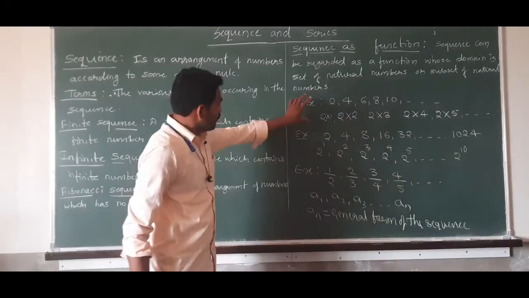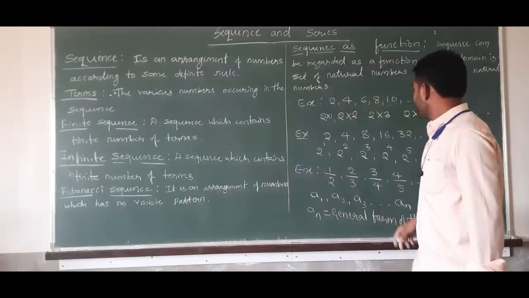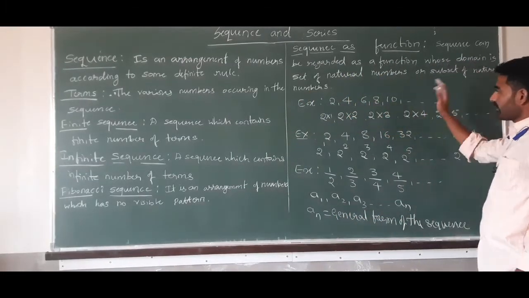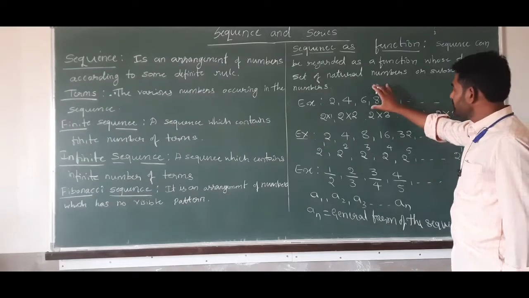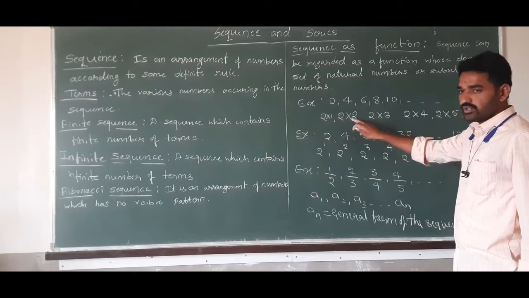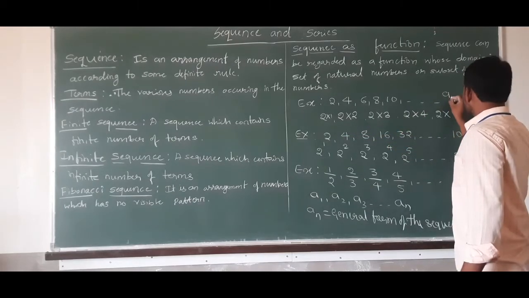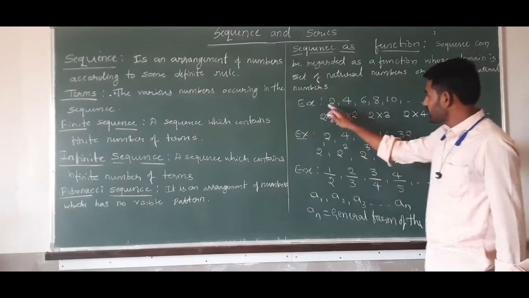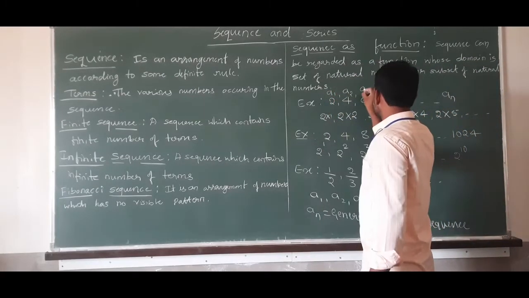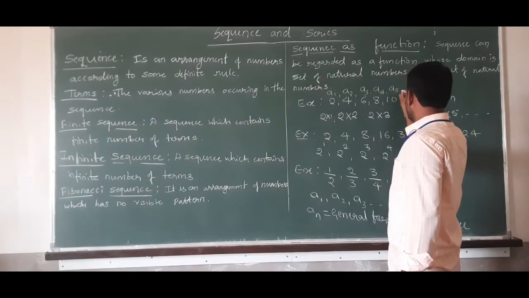Every sequence has a general form. The first sequence is 2, 4, 6, 8 and 10. The general form of this sequence is in the order 2 into 1, 2 into 2, 2 into 3 and so on. The first term is a1, the second term is a2, the third term is a3, the fourth term is a4, the fifth is a5 and so on.